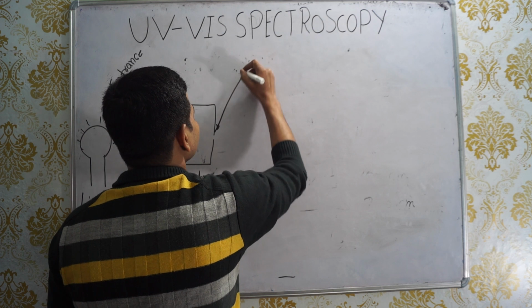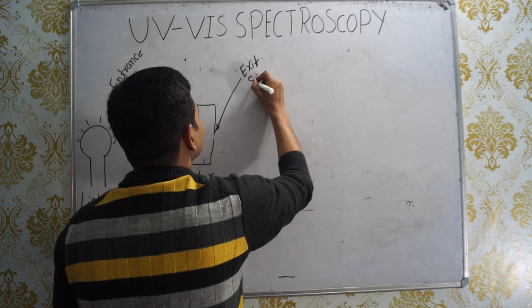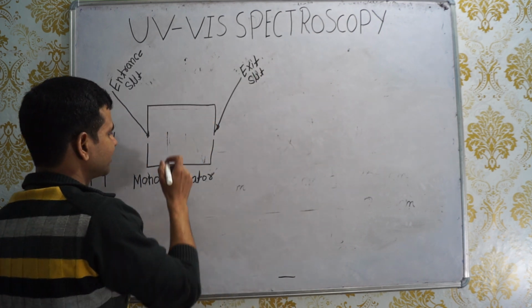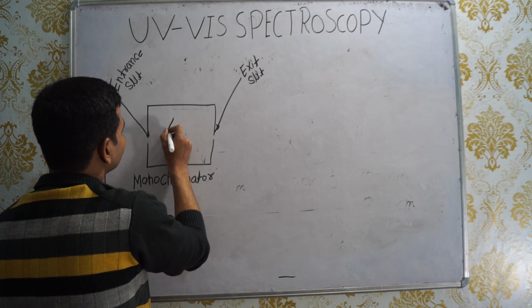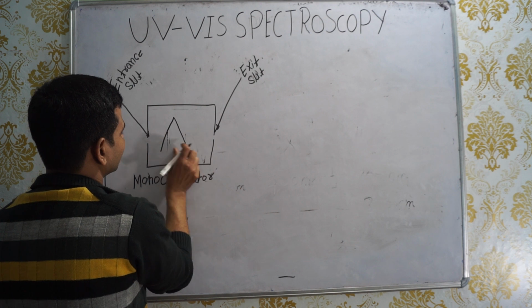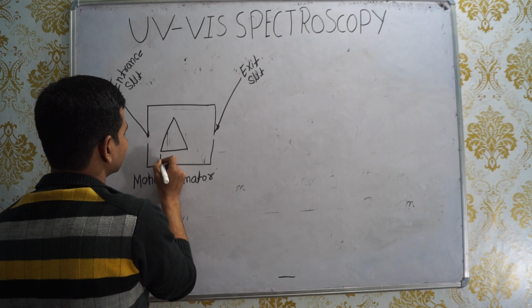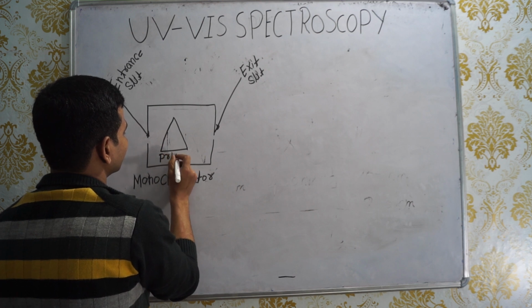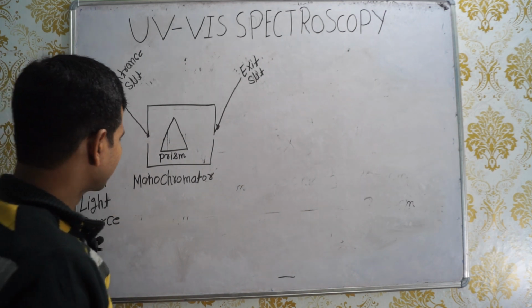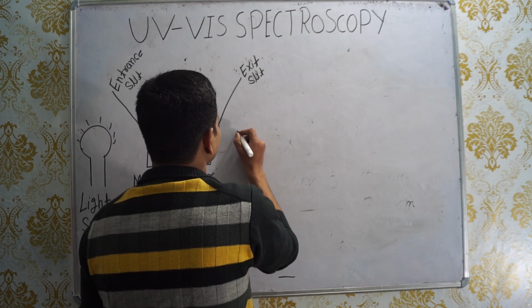This portion is called exit slit. Third, prism. This is the prism.